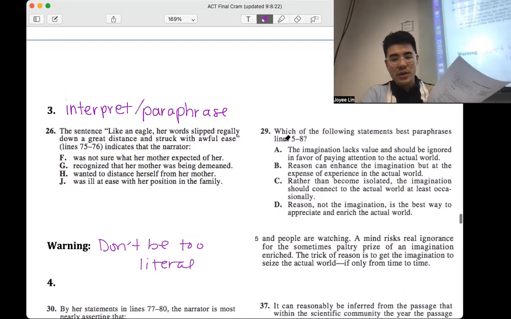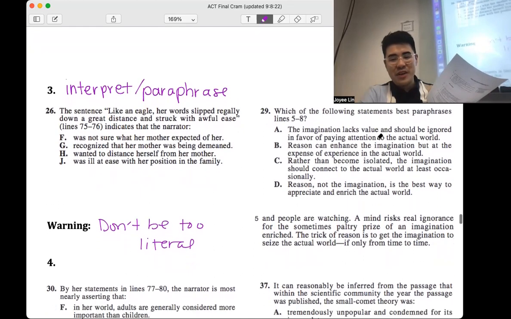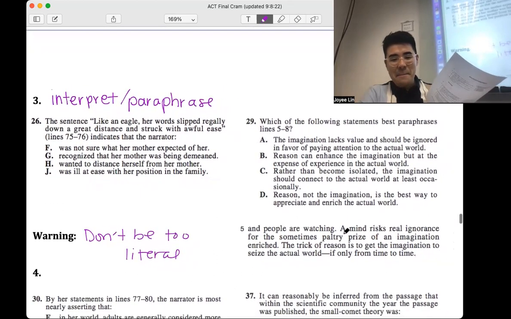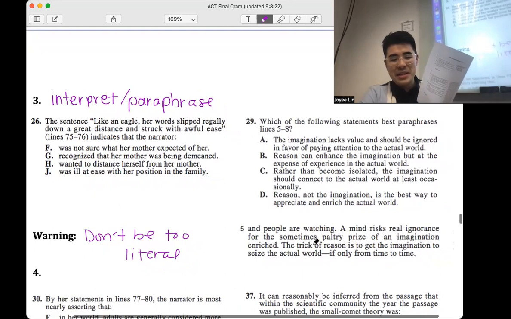But what about this one though? Which of the following best paraphrases lines 5 through 8? A mind risks real ignorance for the sometimes paltry prize of an imagination enriched.